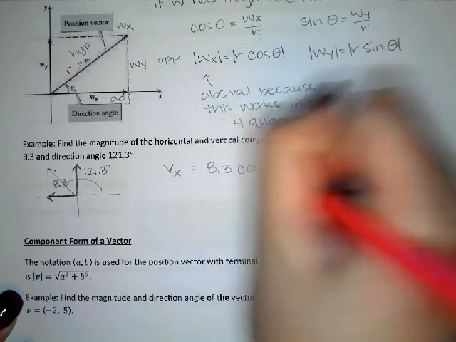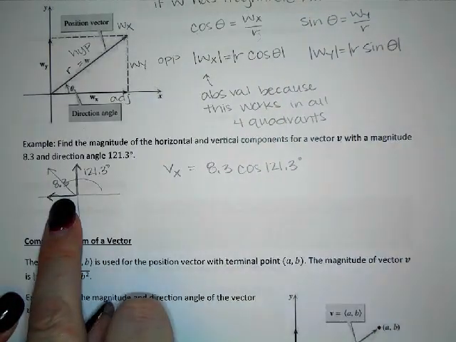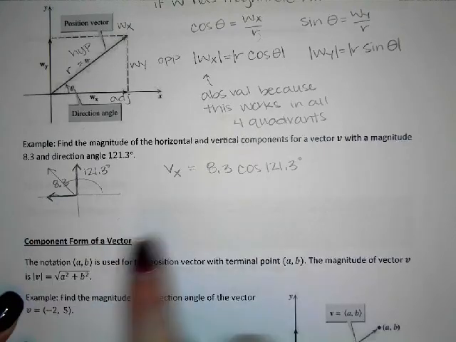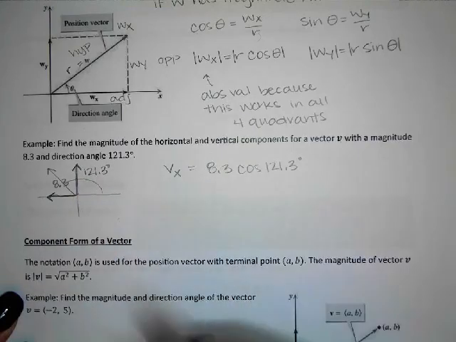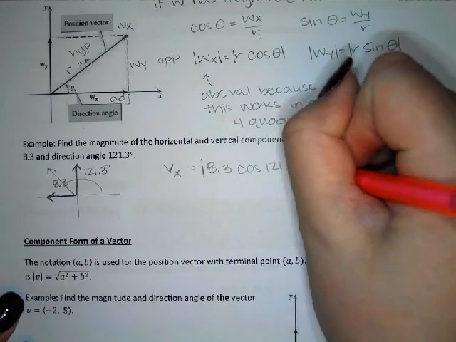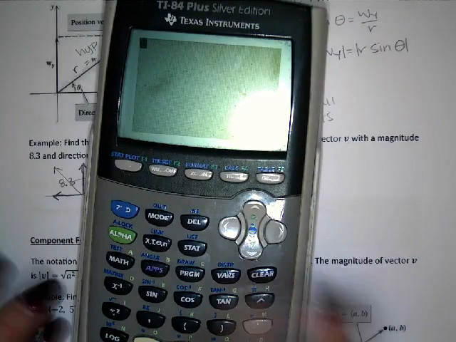Now, this is going to give me a negative answer because this is in quadrant 2, and this goes to the left. But they're just asking for a length here. They said find the magnitude. So I don't care that it's going to the left. I just care to describe how long it is, which is why I'm going to put this in an absolute value. Okay, so if I type this in, and I don't need to type it in as absolute value, I just know that my answer is going to be positive.